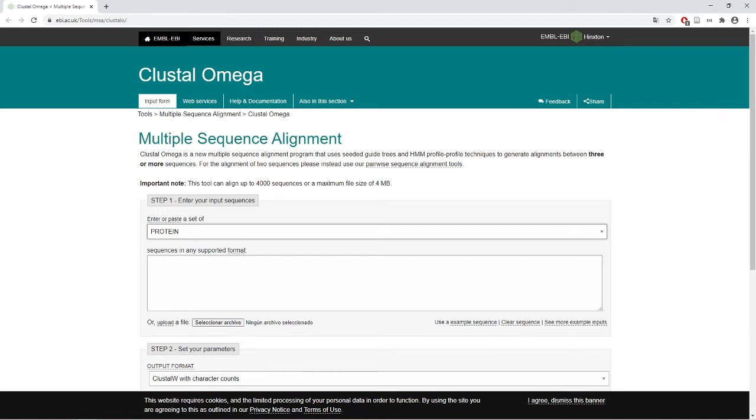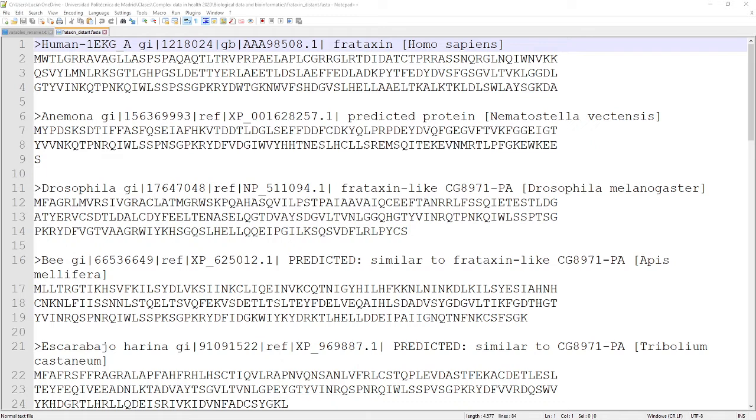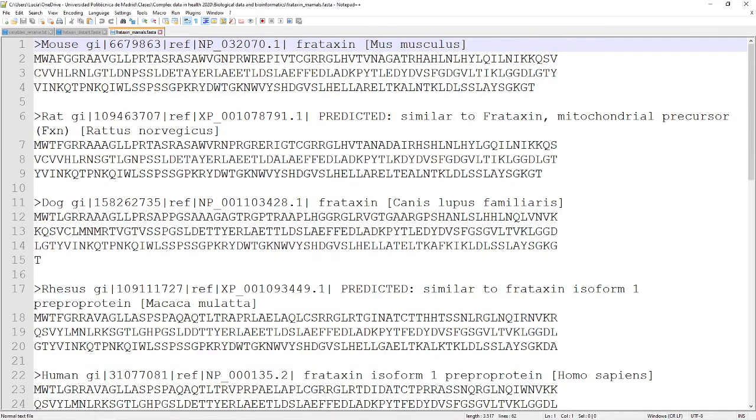So I remind you that we had these three FASTA files. FASTA is just a bioinformatics way to store sequences.